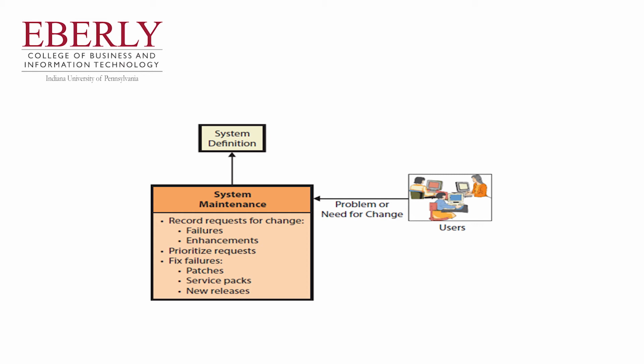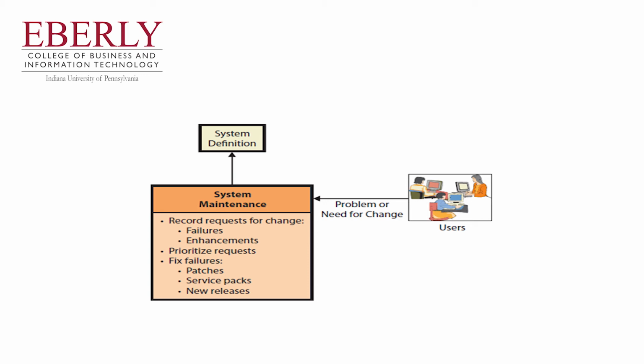Such a database contains a description of the failure or enhancement. It also records who reported the problem, who will make the fix or enhancement, what the status of the work is, and whether the fix or enhancement has been tested and verified by the originator.